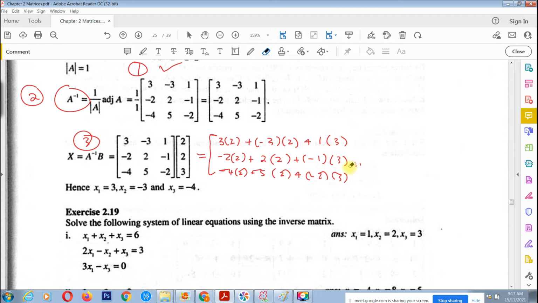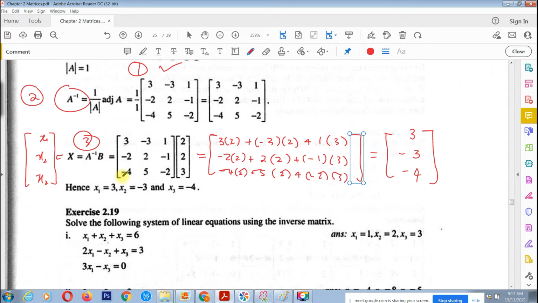Okay, so you get what? You will get 3, negative 2, negative 3, negative 4. So you know that x contains x1, x2, x3.